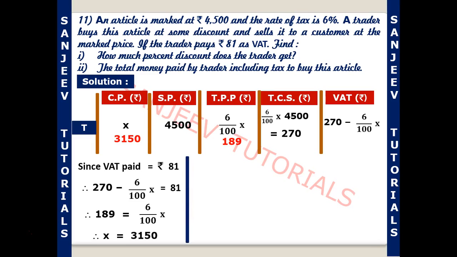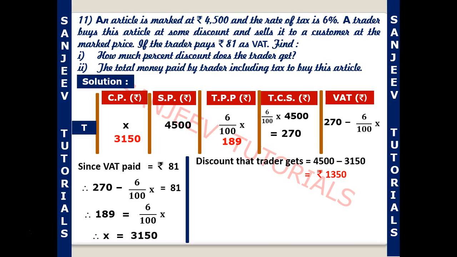The first part of the question is how much percent discount does the trader get? The mark price of the article was rupees 4,500, but the trader has got the same article for rupees 3150. It means the trader has got a discount of 4,500 minus 3150, that is equal to rupees 1350.